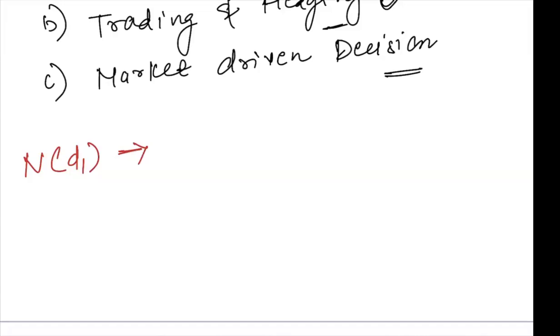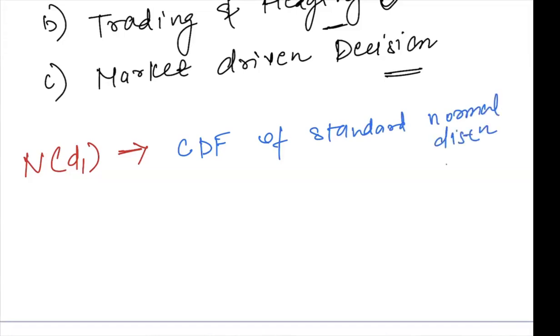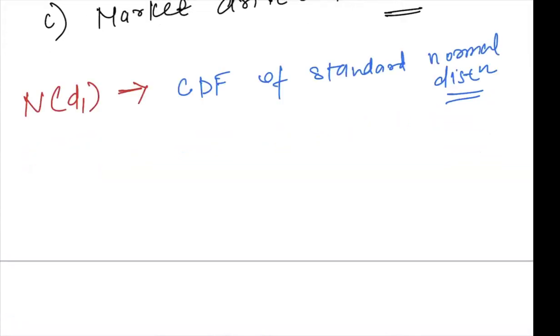See, I just wrote that ND1 and ND2 is nothing but the cumulative distribution function of the standard normal distribution, right? So what is a CDF? If you see, a normal distribution is something like this. This is your PDF. CDF looks something like this, right?